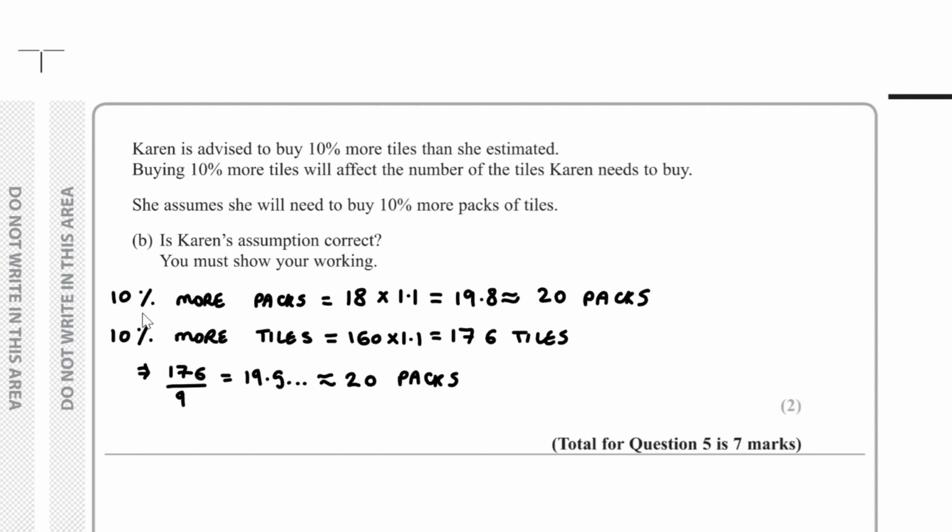And we also found that because of this, she's saying she needs 10% more packs of tiles. And when we work out how many packs that is, that's 20 packs. And indeed, because of this consistency, we can conclude that she is correct.